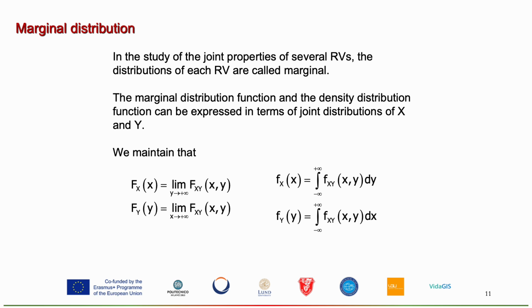Correspondingly, the cumulative marginal distribution of y, capital F y, is defined as the limit for x that tends to plus infinity of the joint cumulative distribution F xy. The marginal density function of x, on the right of the slide, is the integral between minus infinity and plus infinity of the joint density function of x, y integrated over dy.